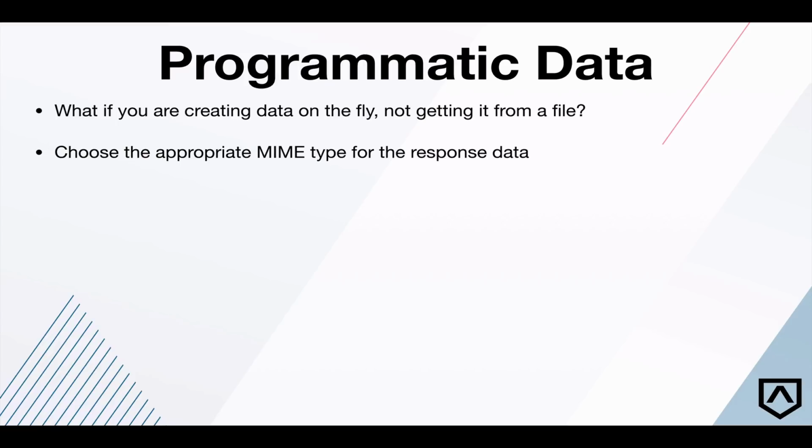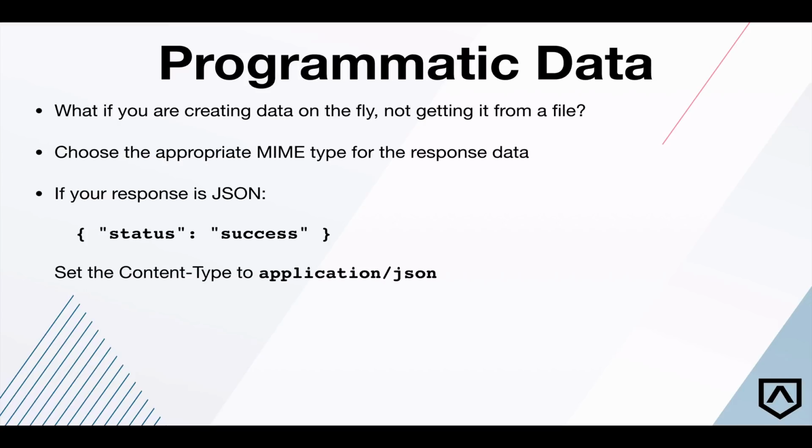So for instance, maybe somebody hits an endpoint that asks for a database request to be performed, and we've decided that we're going to return some JSON data as a response. And here our JSON data is status: success. Everything's gone well. Because this is JSON data, we're going to set the content type to application/JSON. And that way, the receiver, the client, can know exactly what to do with this response.